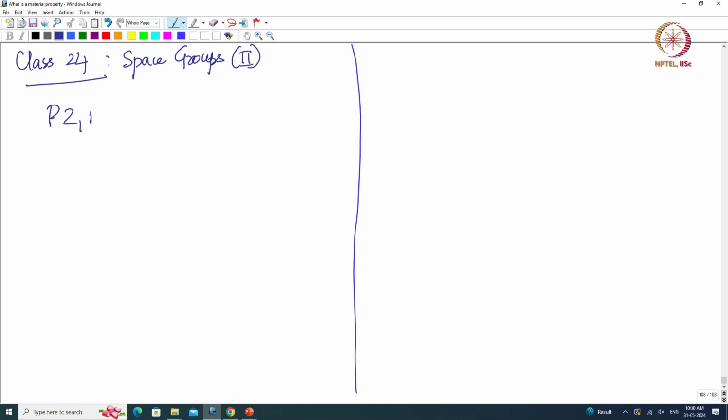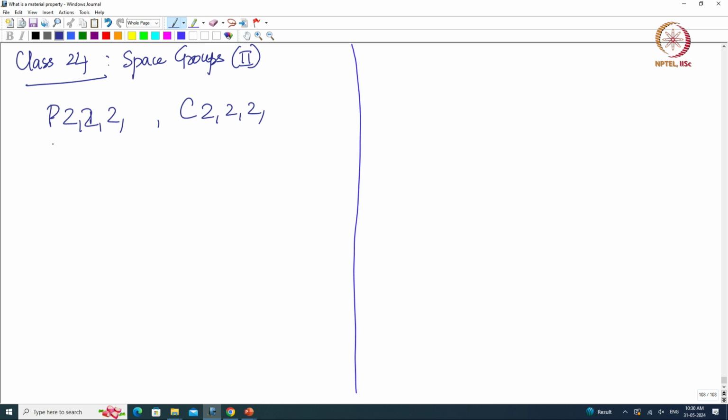And then how do you generate space groups? Now I have defined a new operation which is a combination of rotation and sublattice translation, and I combine that with Bravais lattice, and I can make space groups such as P21 21 21 or C21 21 21.